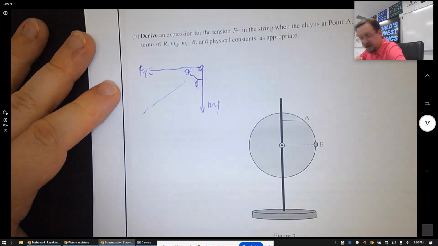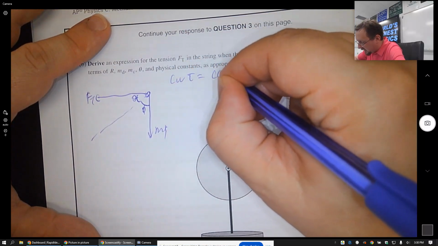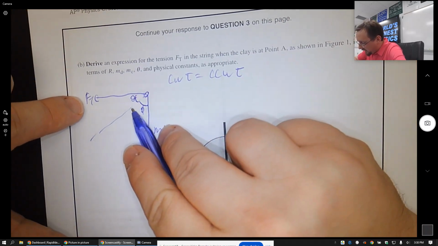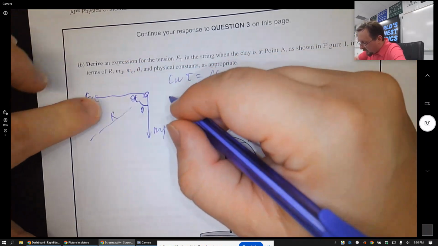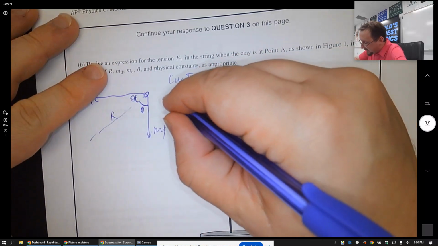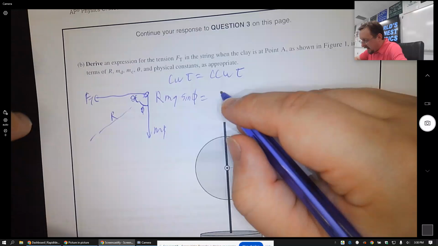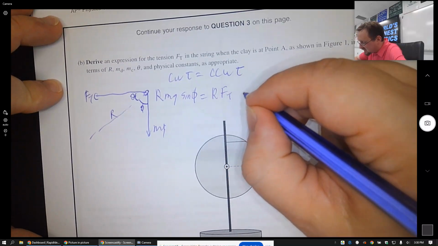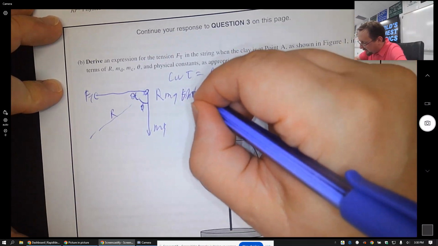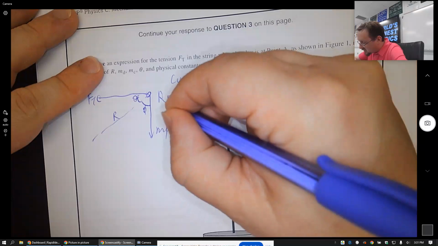This is phi, the complement of theta. Okay, so I'm going to say the clockwise torques balance the counterclockwise torques because this is at rest in equilibrium. And this is R. The clockwise torque is provided by mg, and it's mg times R times the sine of phi, and the counterclockwise torque is R times tension times the sine of theta. And remember, the sine of phi is really the cosine of theta because they're complements, and the R's are going to cancel out.